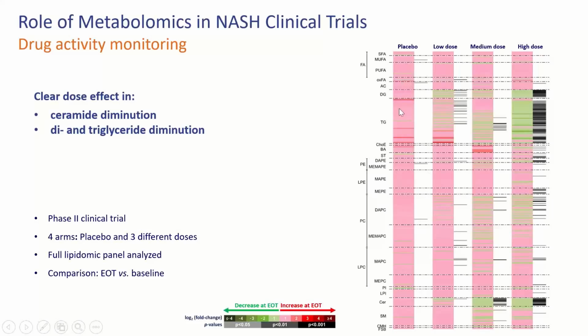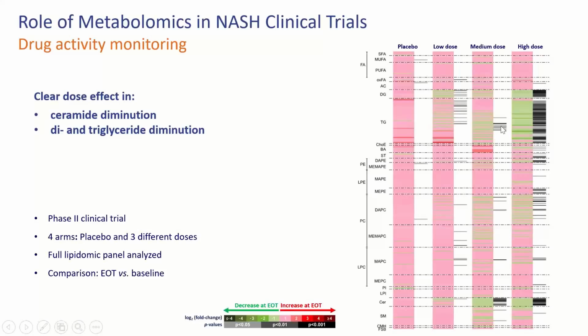In the low dose, some changes appear, some greens. You see some triglyceride diminution. This is a group in which we measure triglycerides. You see in the low dose how things are going to change from the basal status.